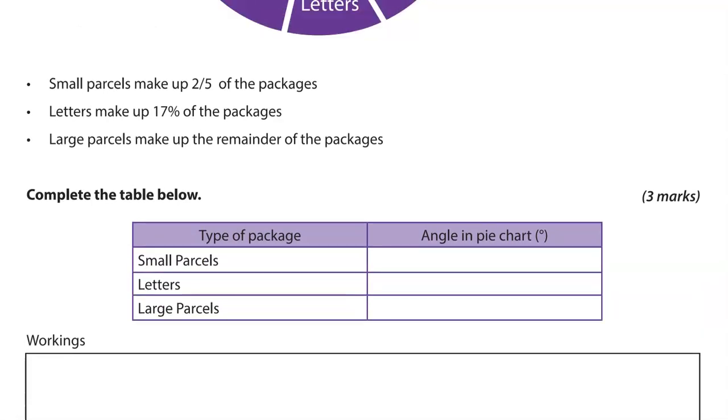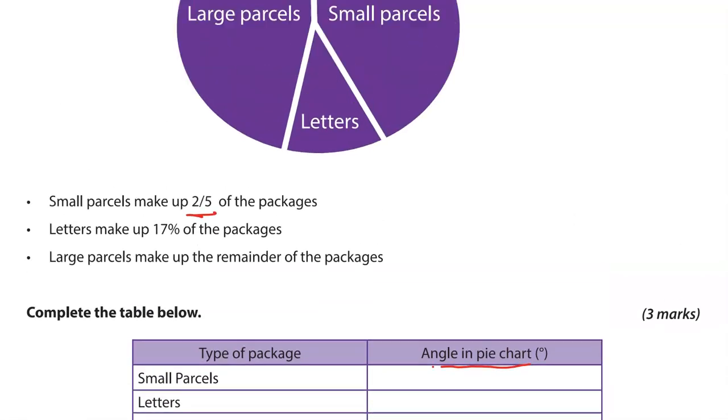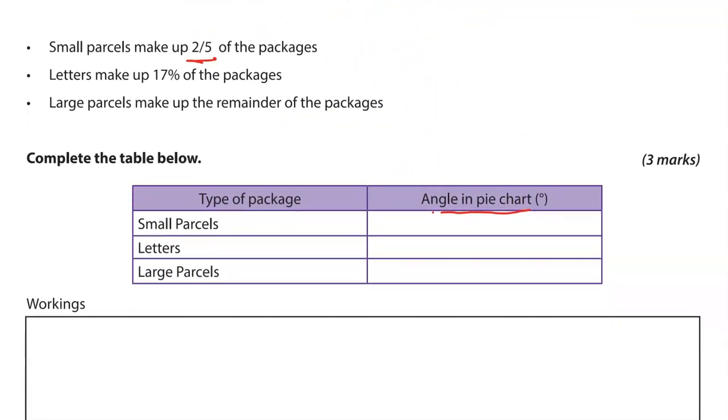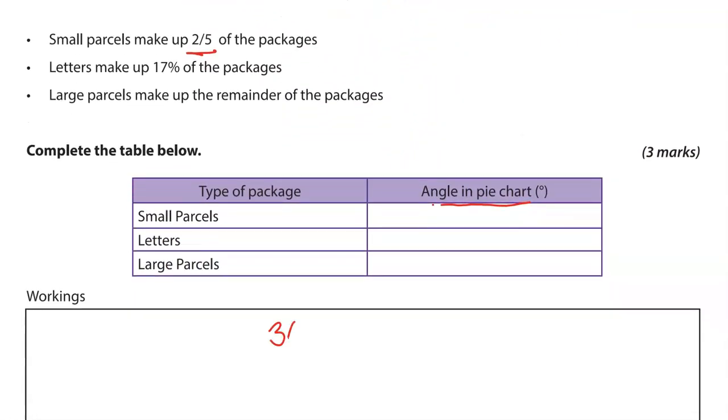So what do we know so far? We know about small parcels making up 2/5 of the packages. How many degrees is that in the pie chart? We know that in a full circle there are 360 degrees. Small parcels make up 2/5 of the packages.